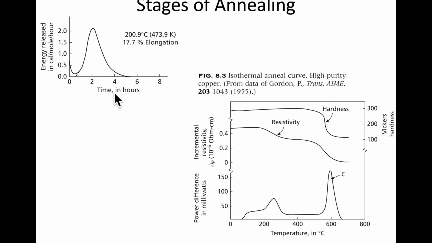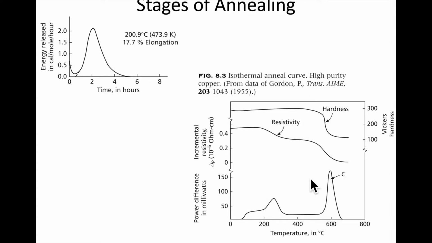So that's kind of a corollary to the experiment that you're doing, because you're doing everything at one temperature and then looking at different times. So this shows you what's happening. There's a little bit of energy released initially, and then there's this peak, right? And so what's happening in those 2 regions is what we want to look at.